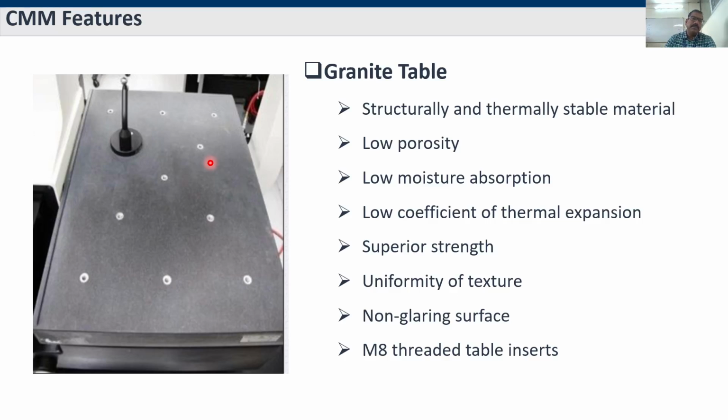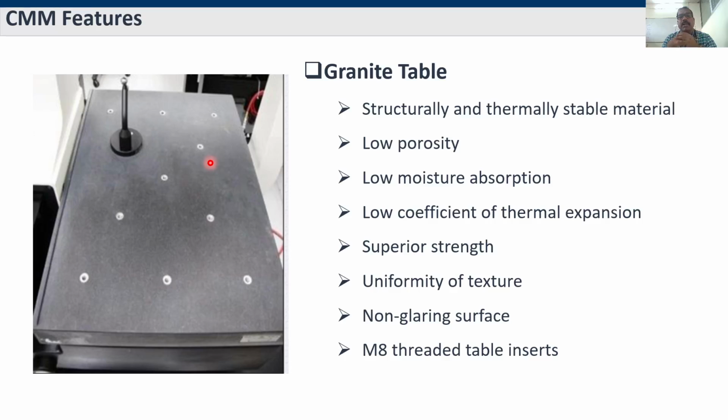If it is very high, then the shape will change or particles will expand. So when temperature increases, there should not be any change; it should be very minimal. That's why a low coefficient of thermal expansion.